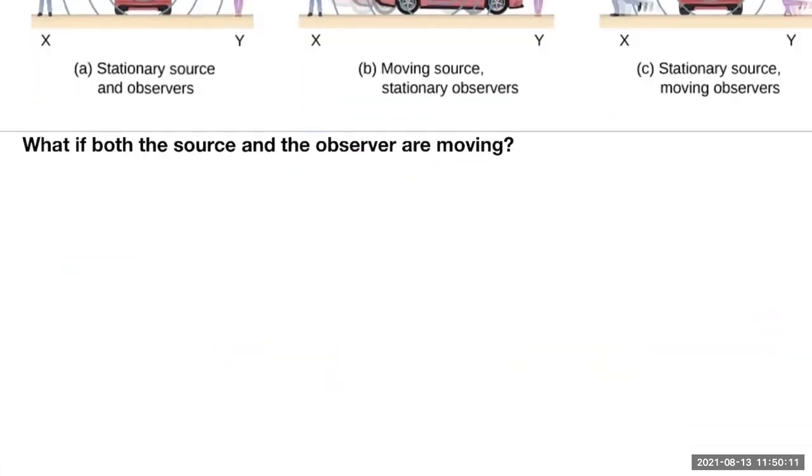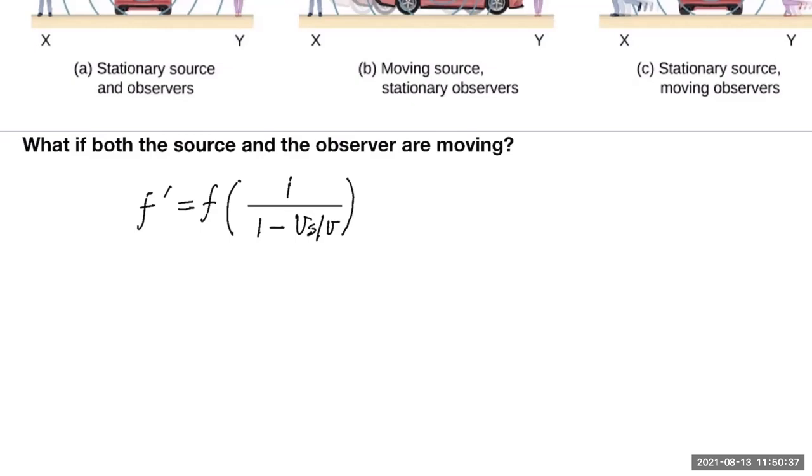Well, we're going to have to combine the effect. Okay, so both sources are moving. F prime has to be equal to F times what? Well, when the source is moving and the observer is not, you have this factor here, 1 minus V source over the speed of sound, right?